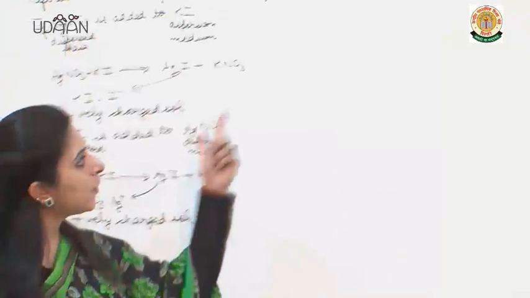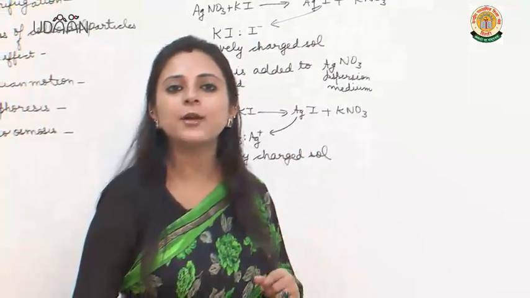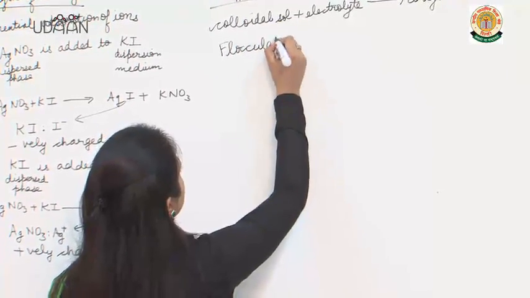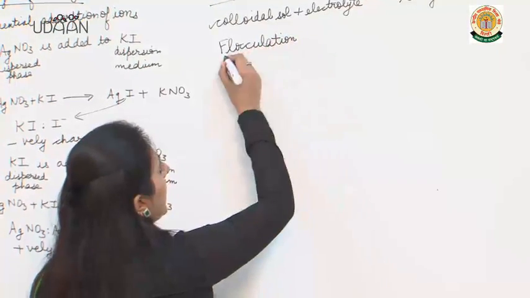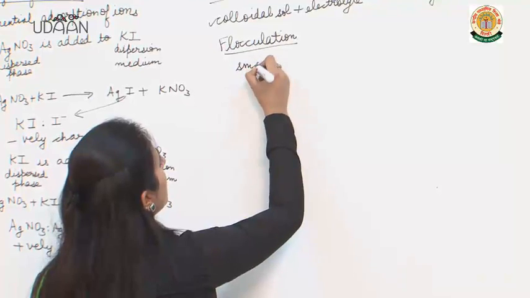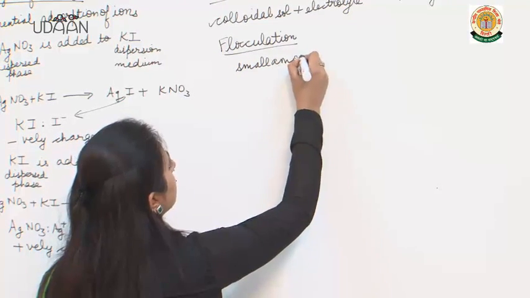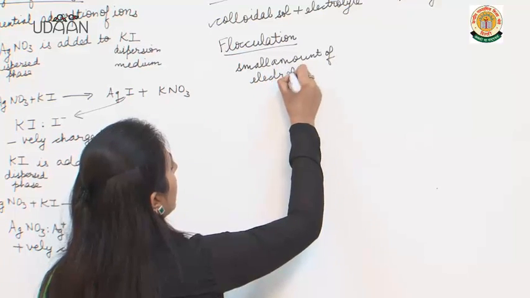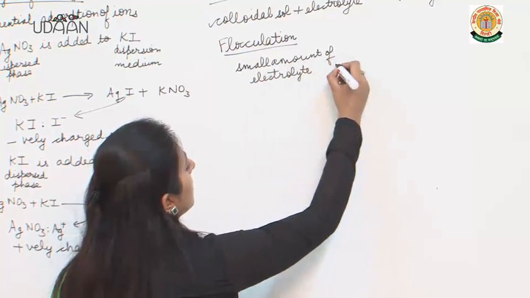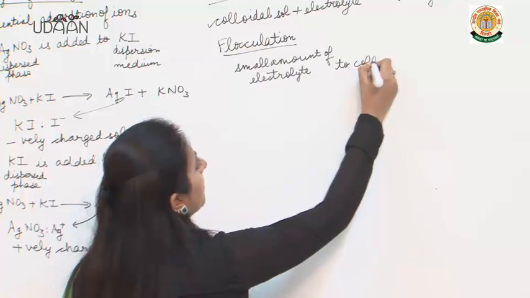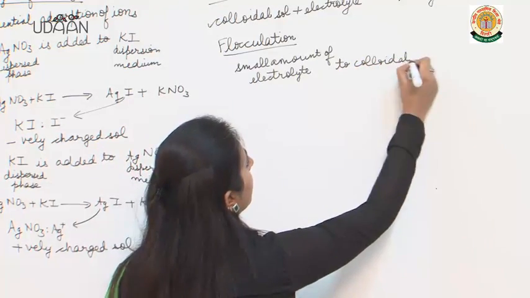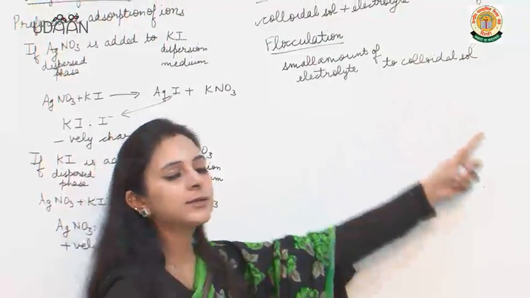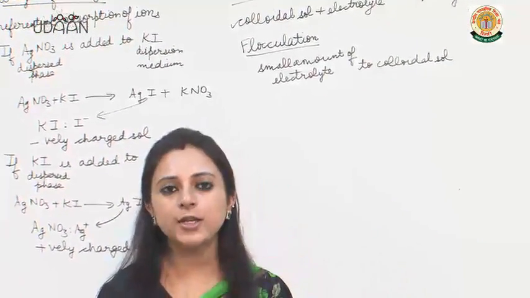Now what does this coagulation depend on? Let us first understand what is flocculation. When I add a small amount of electrolyte to a colloidal sol, flocculation takes place.